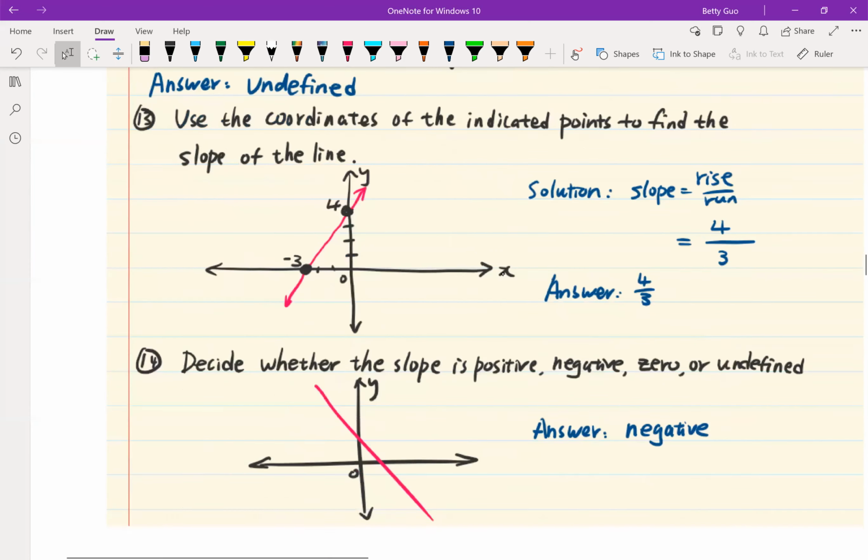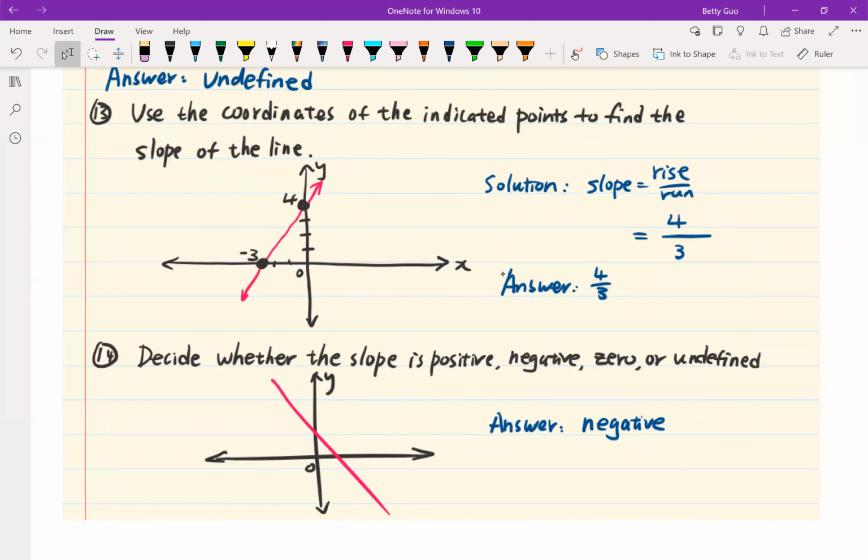Number 13, use the coordinates of the indicated points to find the slope of the line. You can see the 2 points are, one is (0, 4), the other is (negative 3, 0). Another way for this problem to quickly find the slope is to use slope equals rise over run.